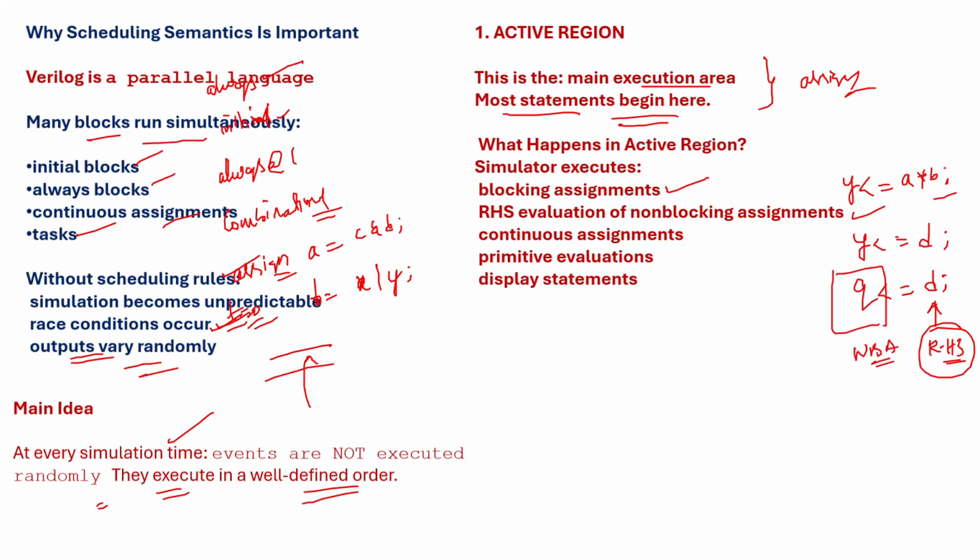There is a timeline. At t equal to 0, the RHS of the NBA is evaluated here, that means D is evaluated here only, but the assigning of the output side takes some time.